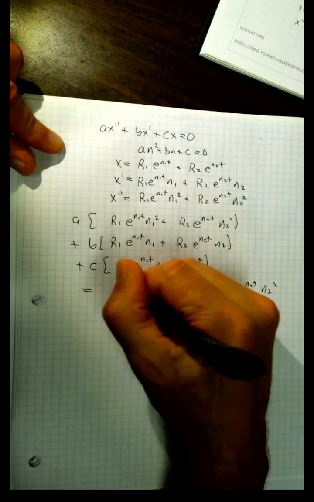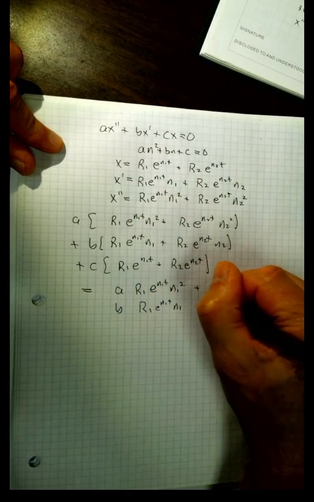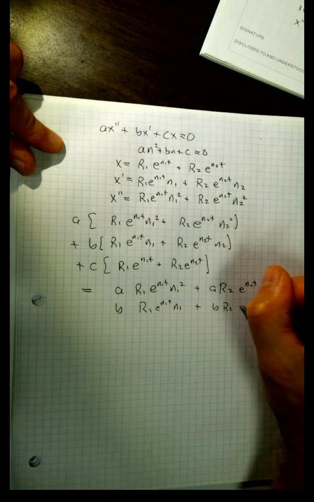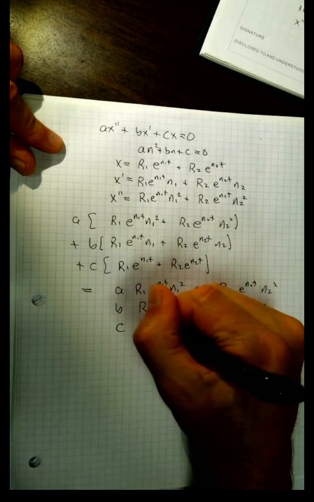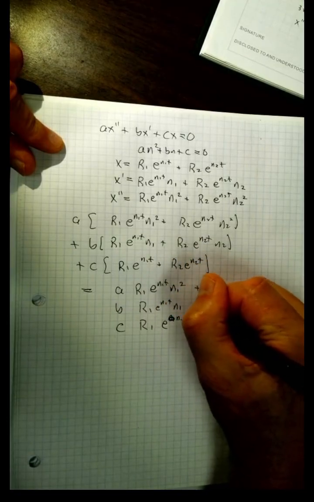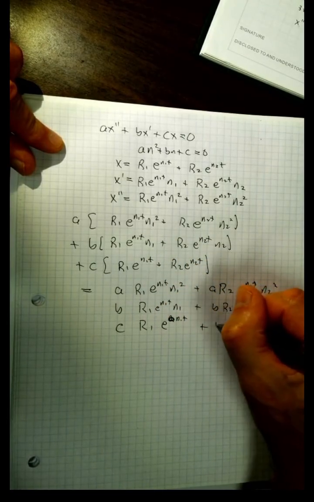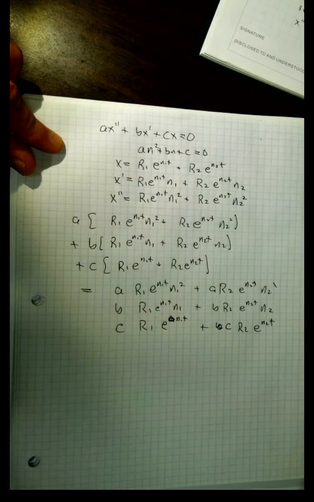I can distribute the b for the first derivative term, and distribute the c for the x term. So that's c r1 e to the n1t plus c r2 e to the n2t.